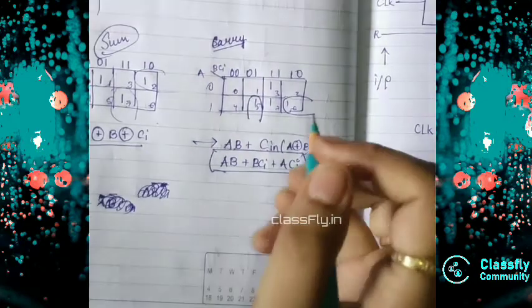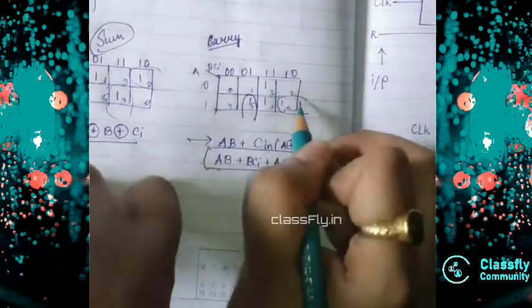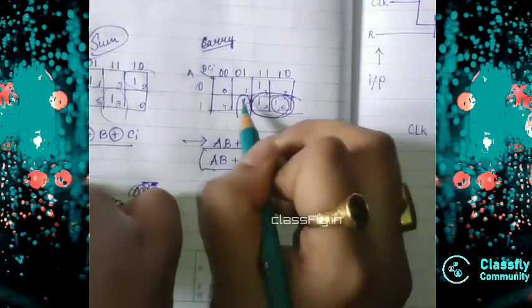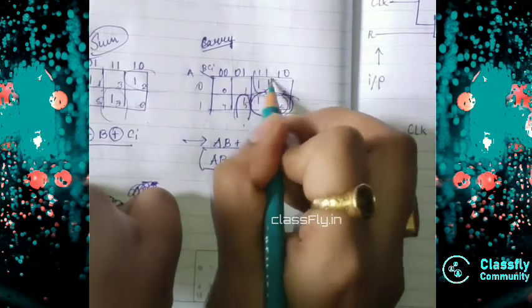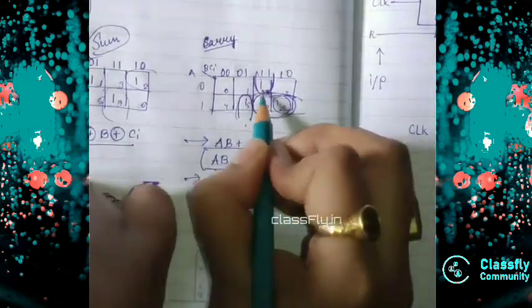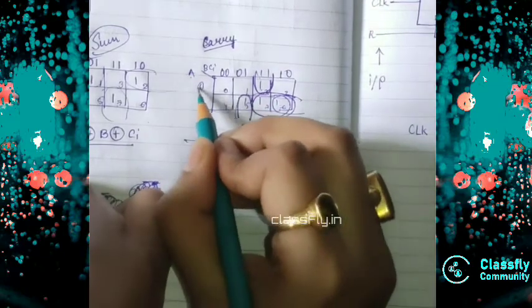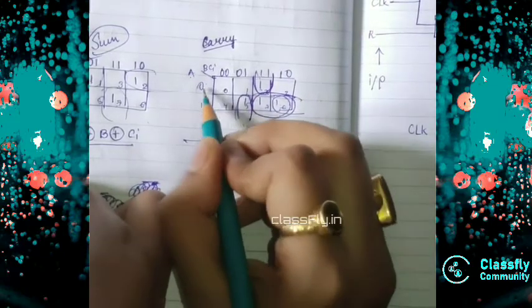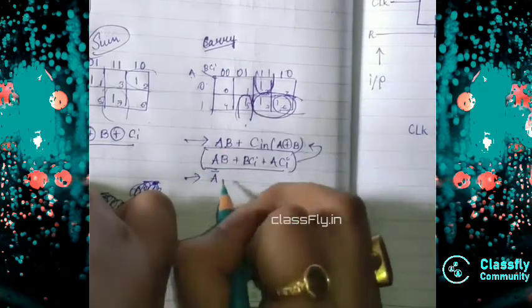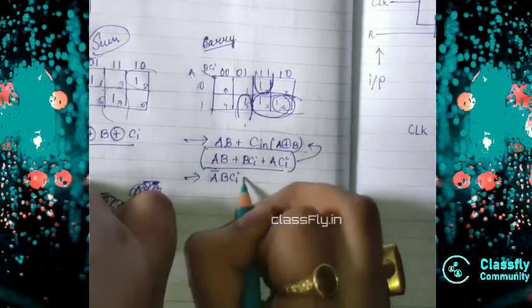So see, we will group here like this. One group I will do for this one, and one for this, right? Now see, if I do for this one, it will be A, as there is no change in the bits, so it will be A bar B Ci, because for 1 it is non-complemented.